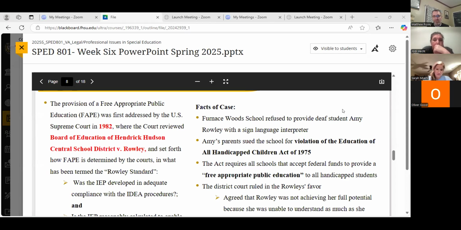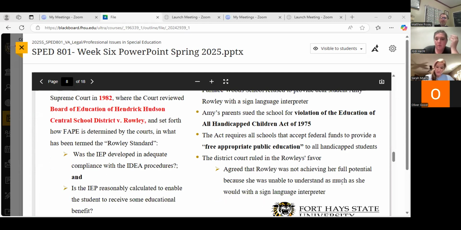The District Court ruled in Rowley's favor. They agreed that Rowley was not achieving her full potential because she was not able to understand as much as she would have with a sign language interpreter. That was the gist and basis of that case and the ruling.